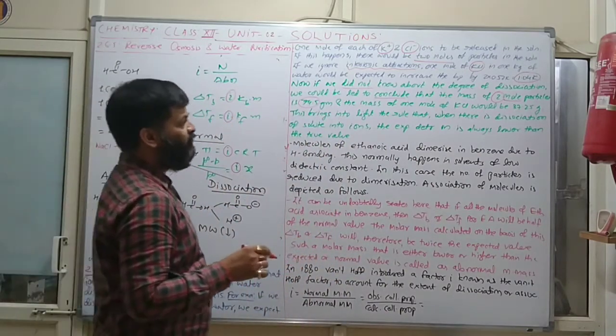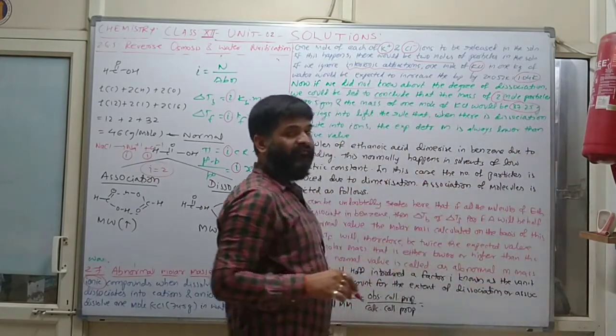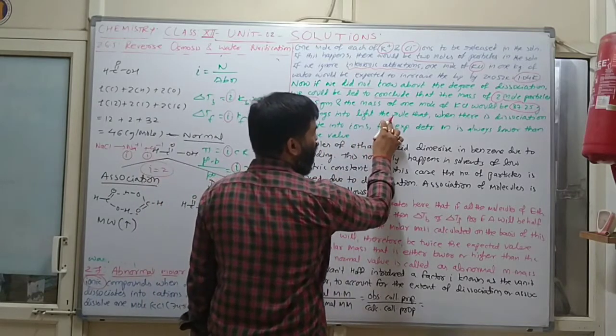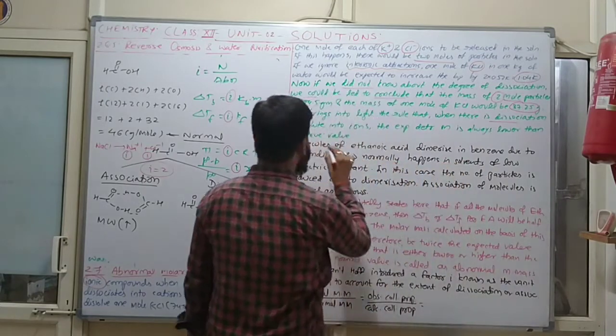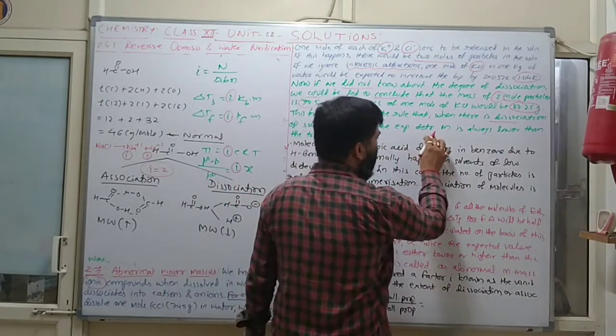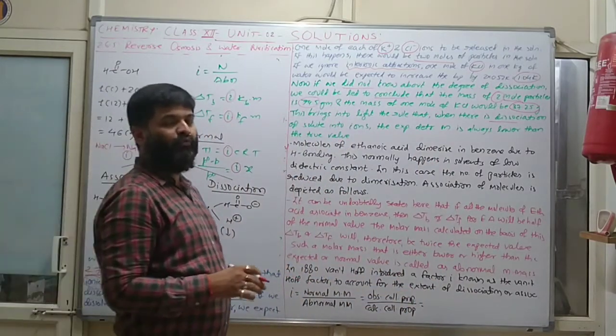Clear? And the mass of 1 mole of KCl will be 37.25 gram. This brings into light the rule that when there is dissociation of solute into ions, the expected molar mass determination is always lower than the true value.